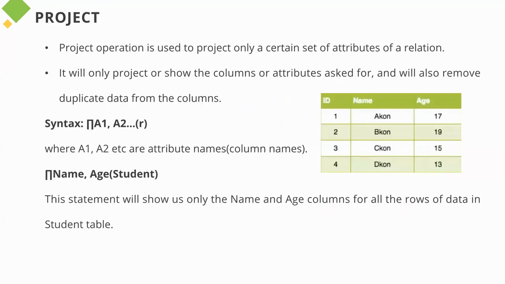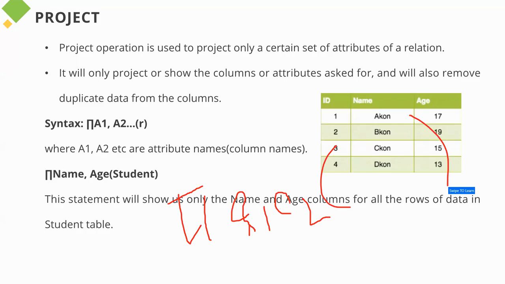Now let's go with project. Project is used to get only a certain set of attributes of a relation. We get the columns or attributes asked for, and it removes the duplicate data. In the same way as sigma, we have the project symbol pi, and then the attributes you want, the columns you want, C1, C2, and of which table, you specify the relation.